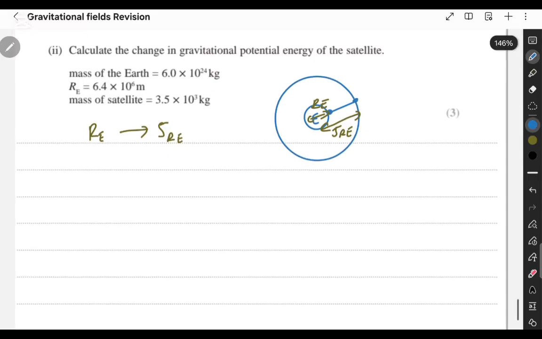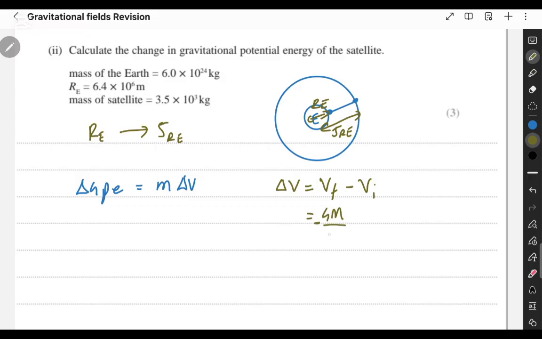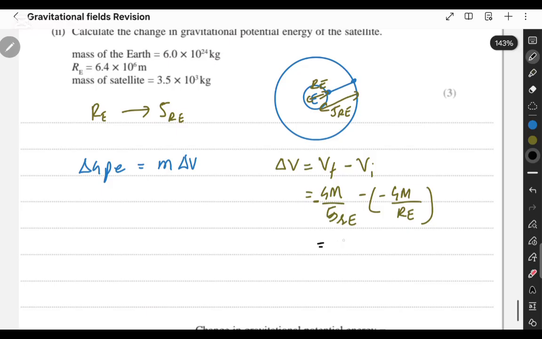We know the change in GPE is equal to m times the change in V. The change in V is the final potential minus the initial potential, that's minus GM over 5 RE minus, minus GM over RE. Then we can simplify this: minus GM over 5 RE plus GM over RE.